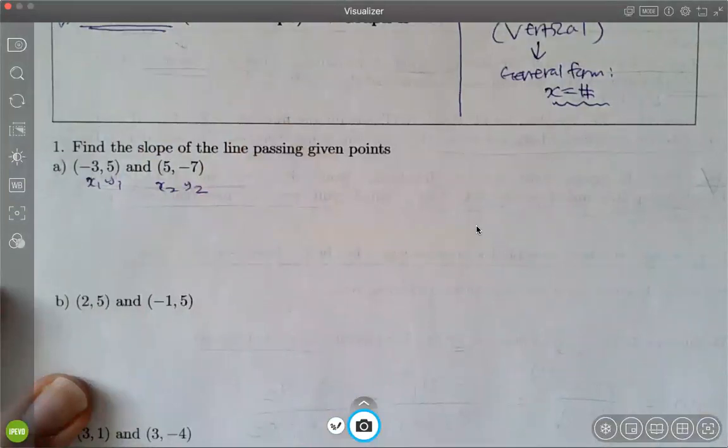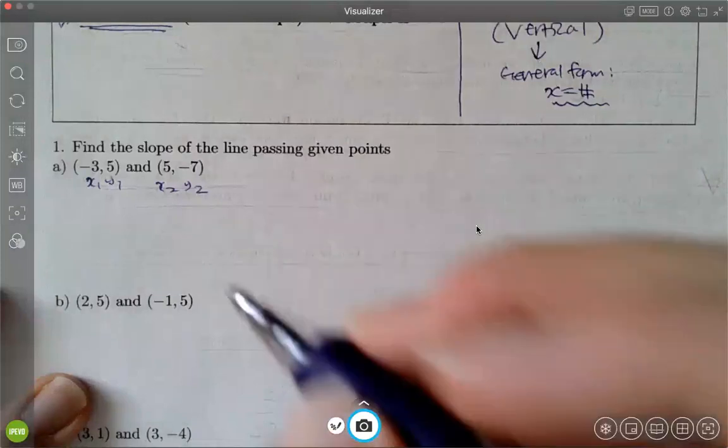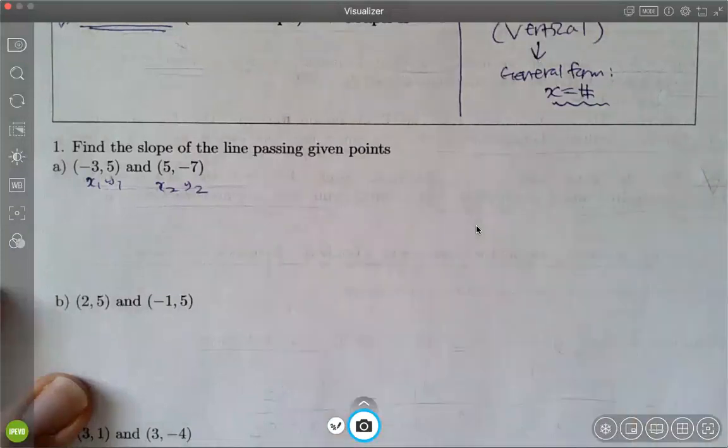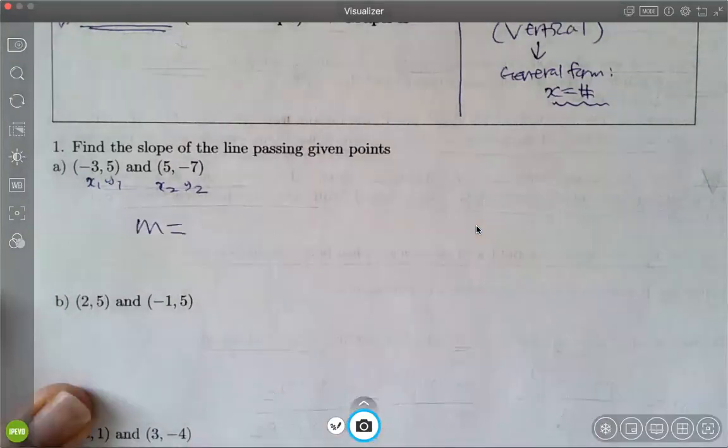Okay, and now find the slope. So what does that mean? y1 minus y2 over x1 minus x2, or the other way, right? Okay, so now what is the top of the slope? Like in a fraction, what is the numerator?